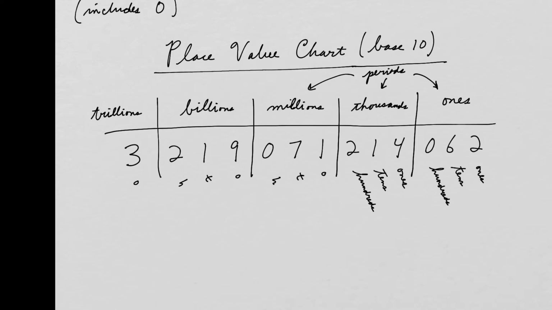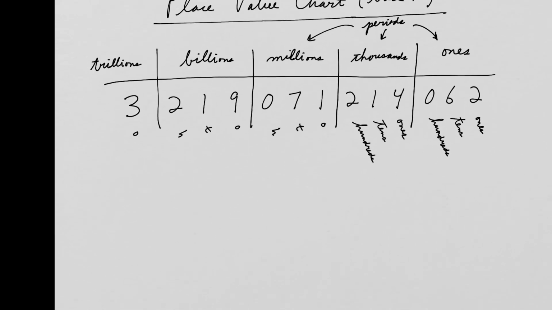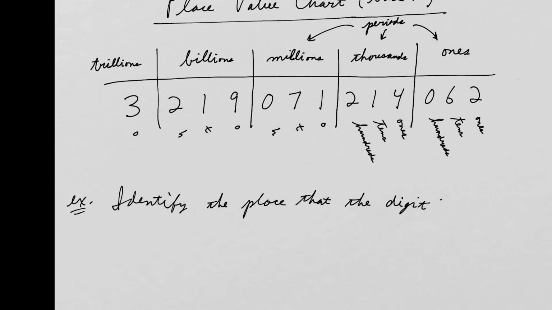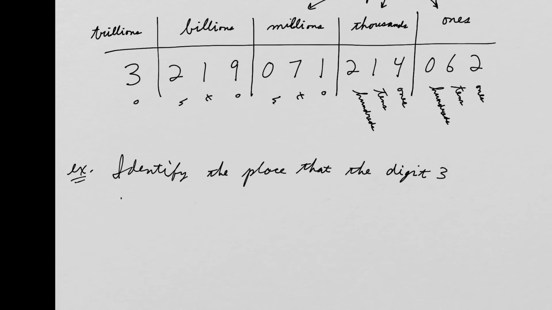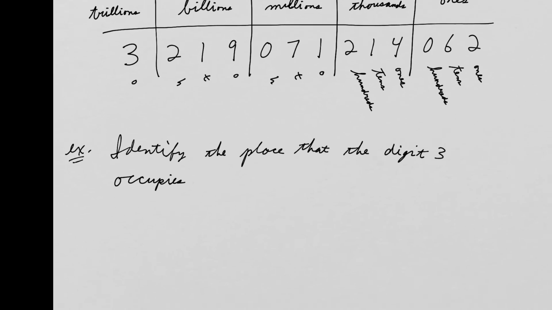So let me ask you a basic question. Let's start with an easy example. Let's say we want to identify the place that the digit 3 occupies. I'll write out a few numbers.